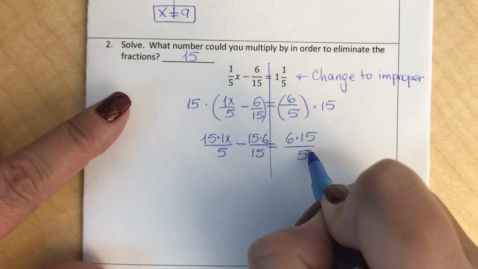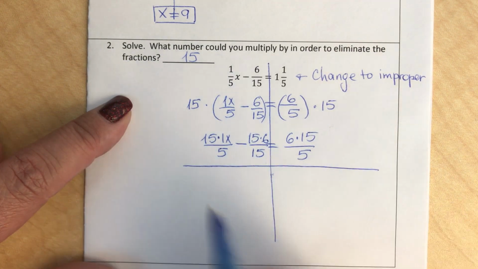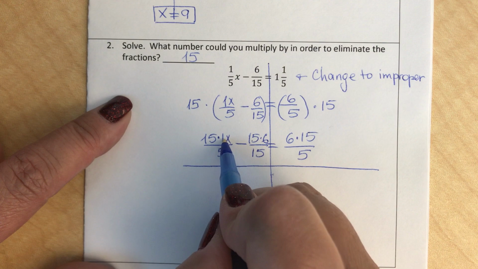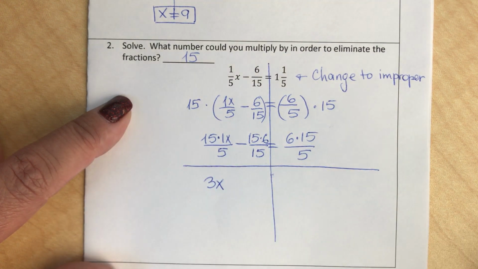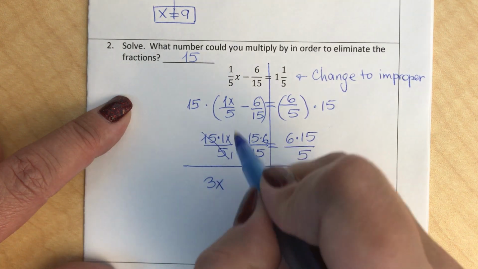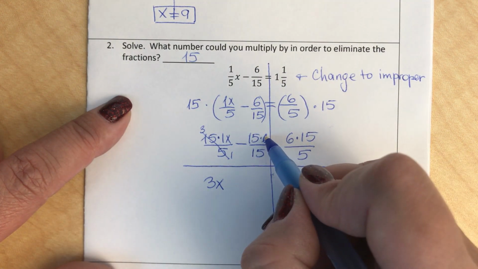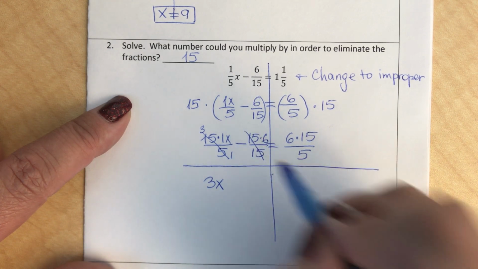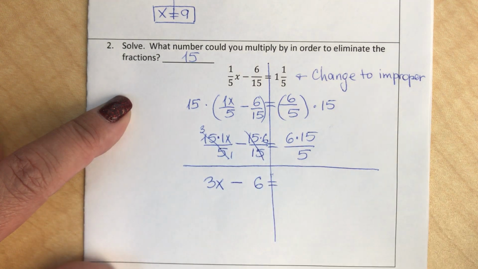Simplify each fraction. I can go 15 times 1 is 15, divide by 5 is 3x. Fraction is gone. Or I can simplify here. 15 times 6, divide by 15. I can simplify right here the two 15s, and that'll be minus 6.